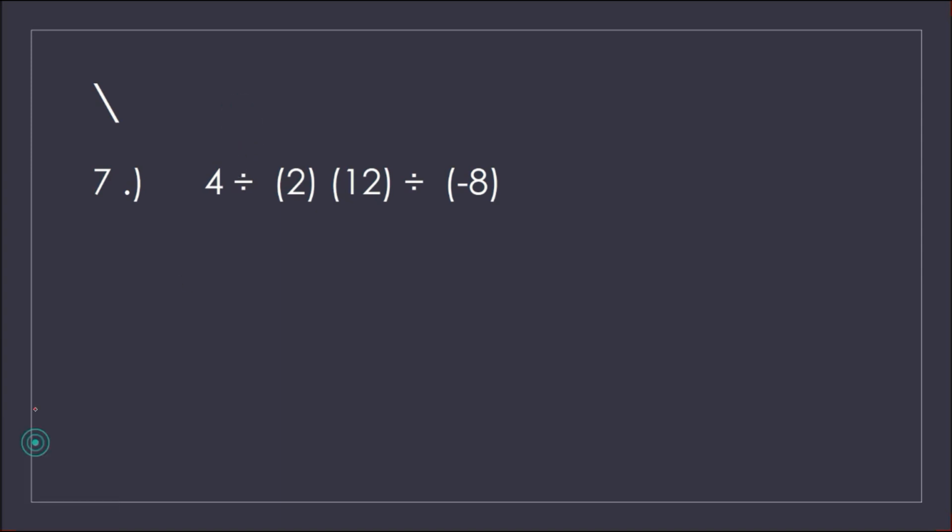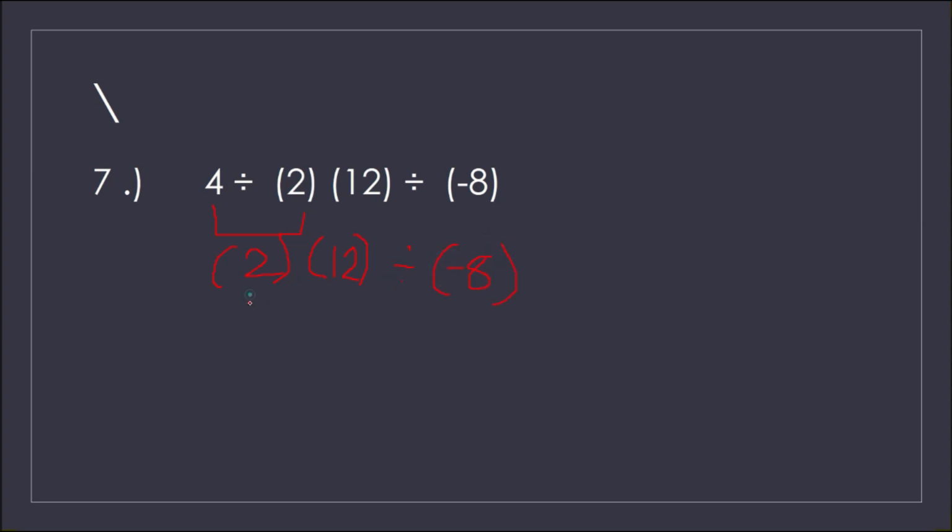Alright, so we do 4 divided by 2 first. 4 divided by 2 is actually 2. And then we multiply that by 12, and then divided by negative 8.